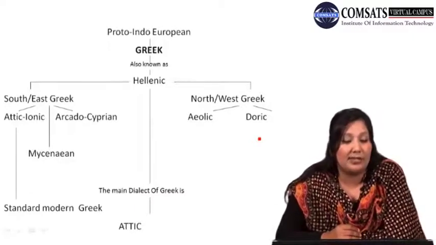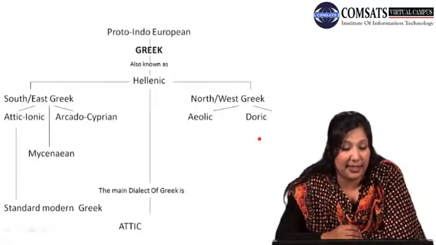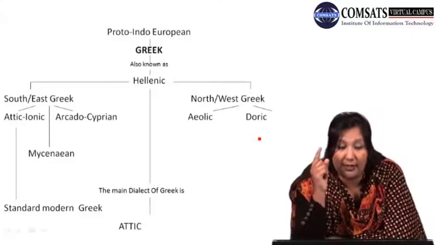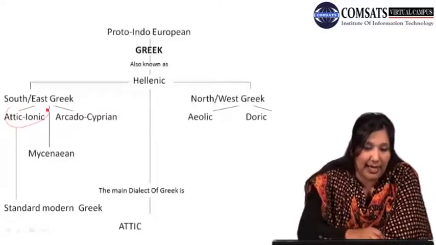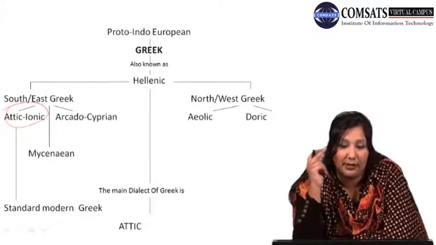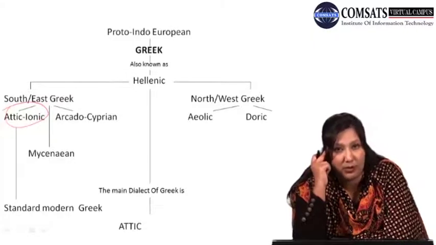Southeast Greek is further subdivided into Attic Ionic, Arcado-Cypriot and Mycenaean. These three sub-branches are further subdivided, and this one specific language, Attic Ionic, was the language of standard modern Greeks.